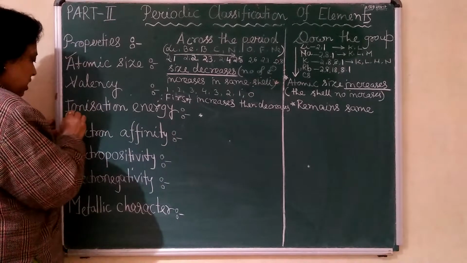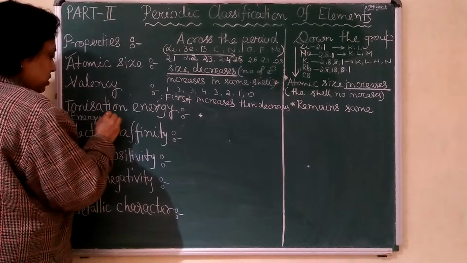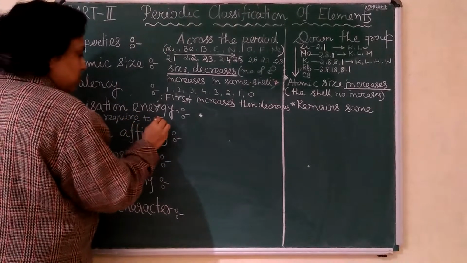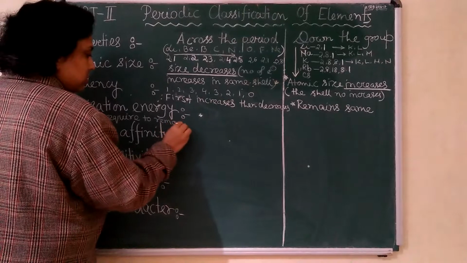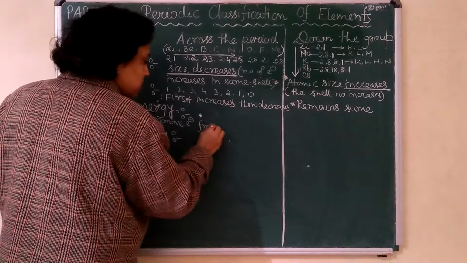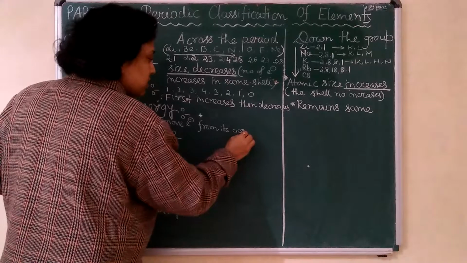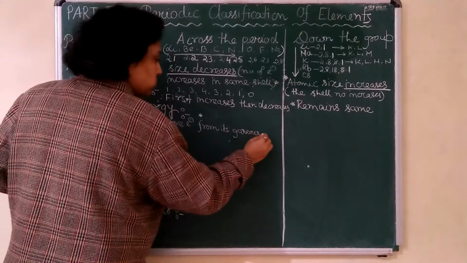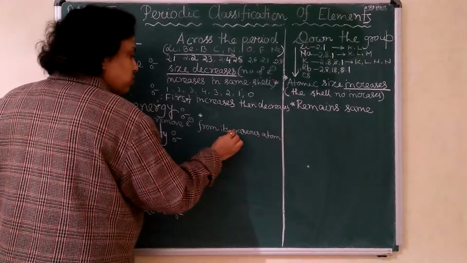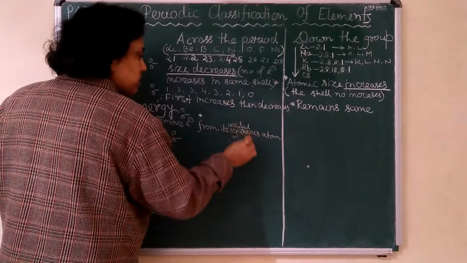So I will write: energy required to remove an electron from its isolated gaseous atom. You have to write the word isolated.